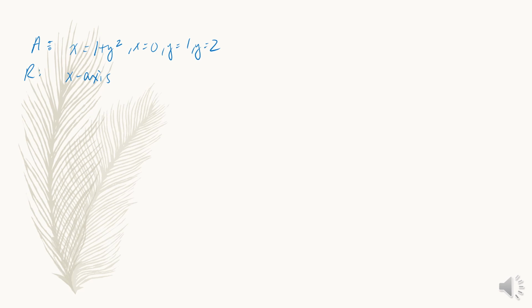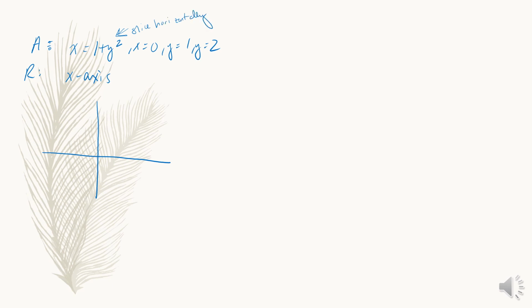So first off, when I just look at this problem, before I even draw it, and I know it's a solid of revolution, because this equation is in terms of y, right, because it says x equals something, that makes me think that I would like to slice horizontally.